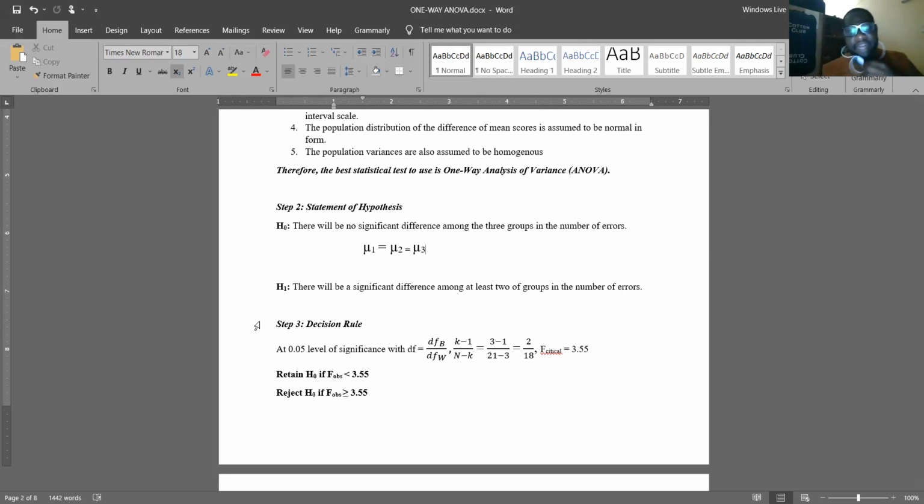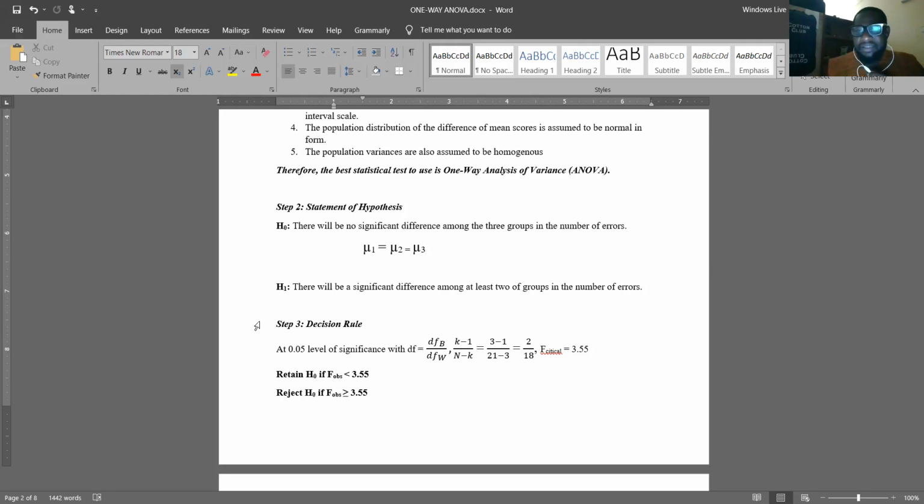For us to solve for any critical value, the things we need are the level of significance, whether the hypothesis is directional or non-directional, and the degree of freedom. But with ANOVA, our focus will be on the level of significance and the degree of freedom. We use these two things to generate our F critical.